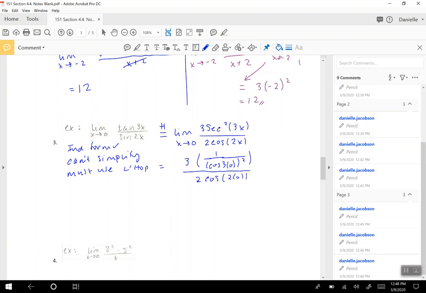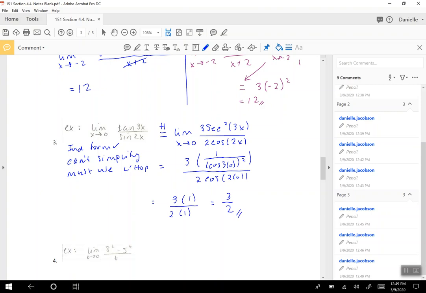In the numerator, we just get a 3 times 1, since cosine of 0 is just 1, so you get 1 over 1, and that's 1, over 2 times 1 for the same reason. Therefore, our answer is 3/2. And we use L'Hopital's rule to do this.